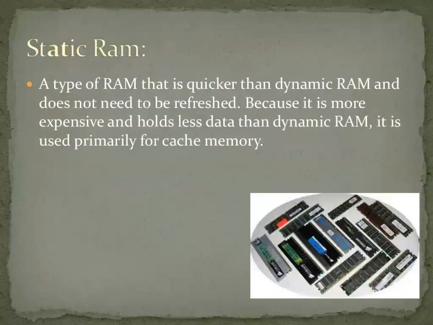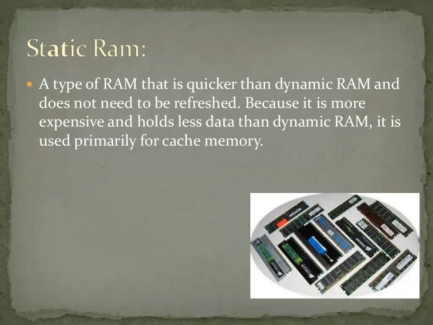Static RAM is a type of RAM that is quicker than dynamic RAM and does not need to be refreshed. Because it is more expensive and holds less data than dynamic RAM, it is used primarily for cache memory. As we all know, cache memory is the memory we maintain everywhere, and sometimes we want to clear the cache memory.